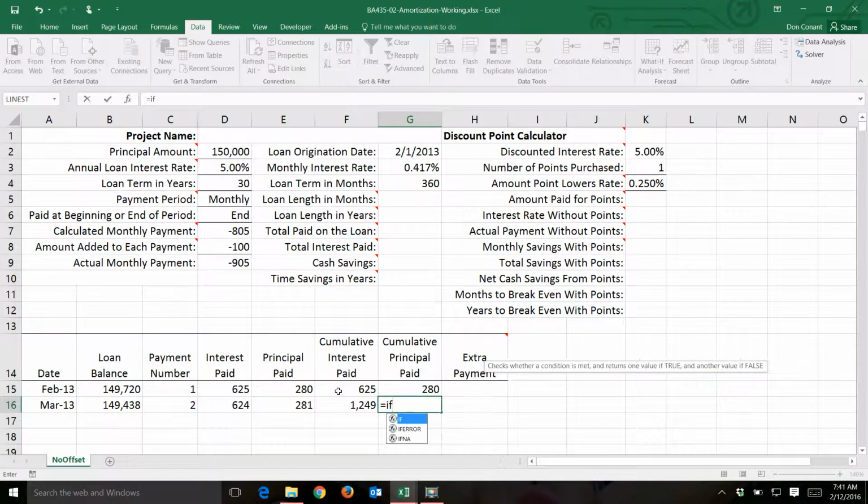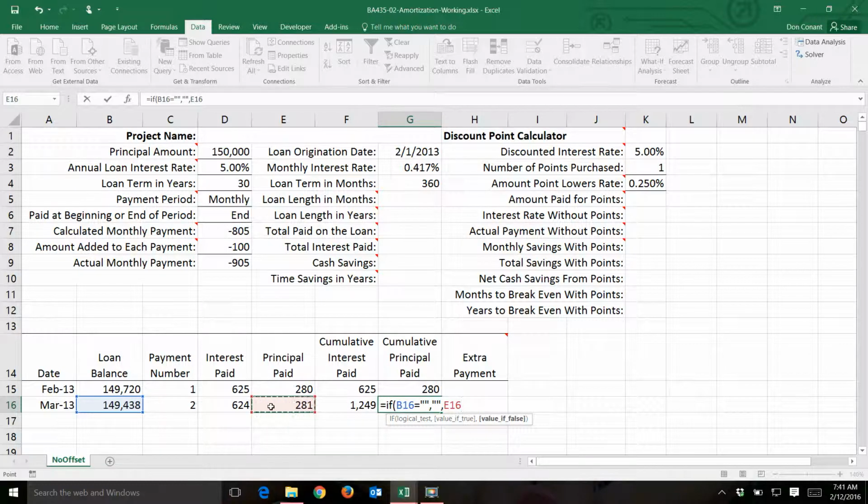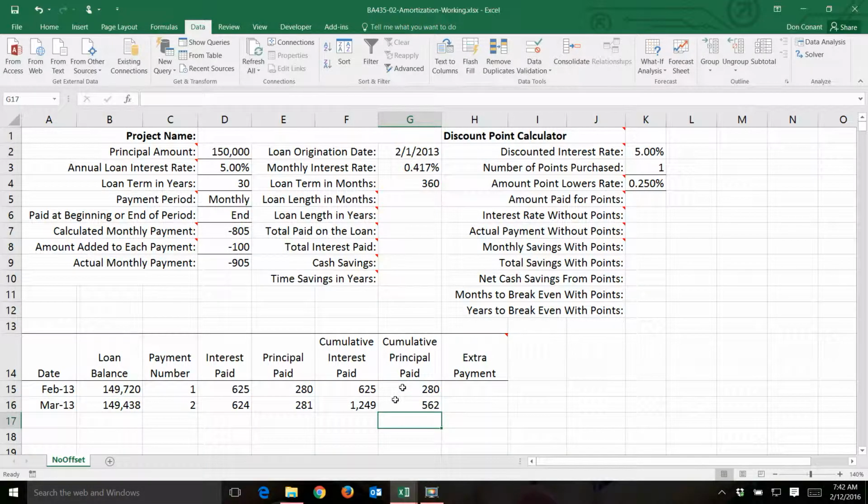I'll do the same with principal paid. I'll take a look to see if the period's in use. If it isn't, then I will set it blank. If it is, I'll take the principal that I paid in this period and add it to the cumulative principal for all previous periods. There we go. And now I have this.